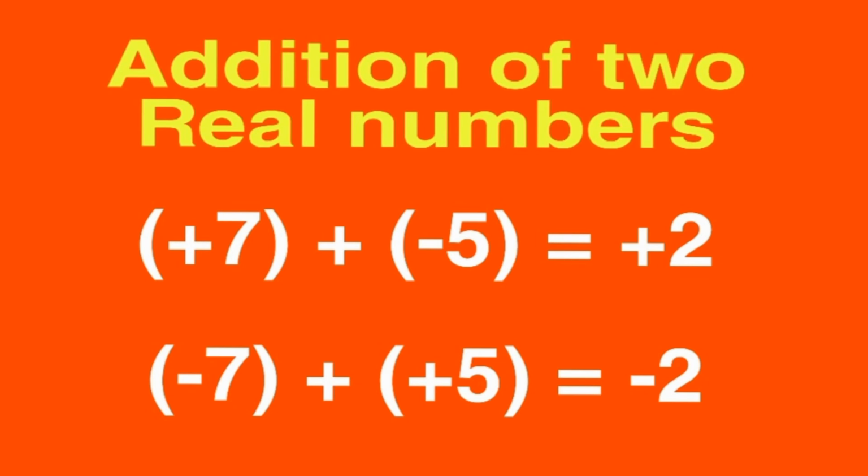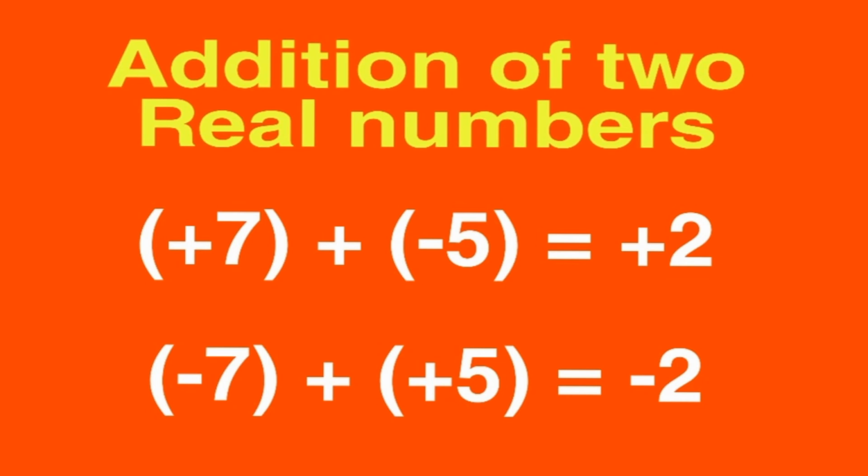For example, we shall subtract 5 from 7. 5 is the absolute value of +5, and 7 is the absolute value of -7. So in the answer we shall get 2, and we write the sign of the largest absolute value term, that is -7. Therefore the answer is -2.